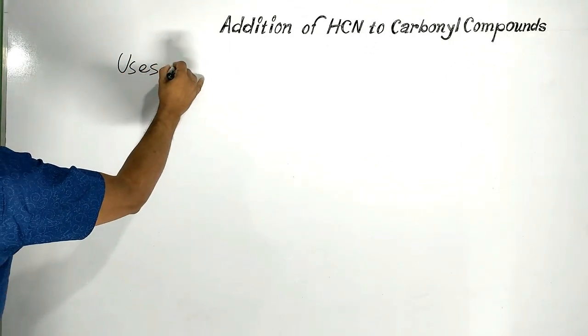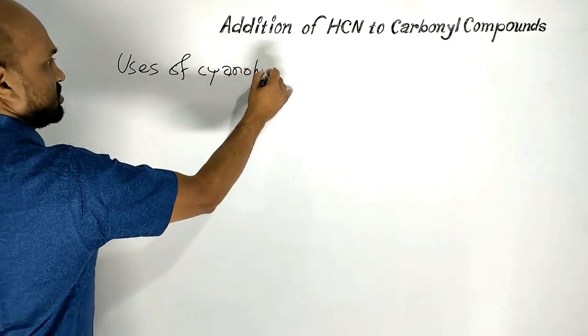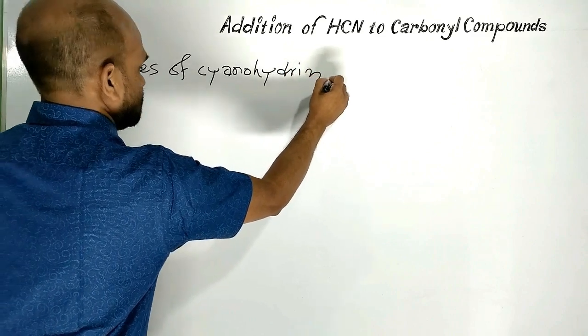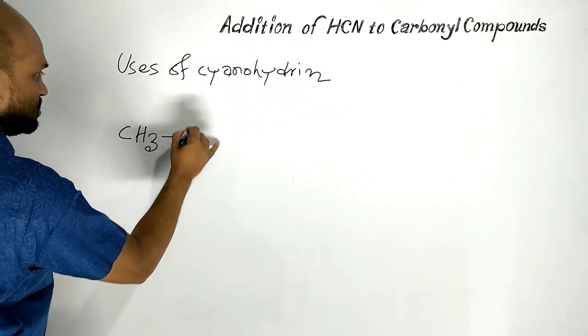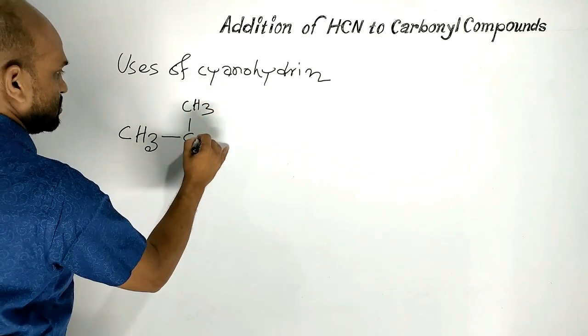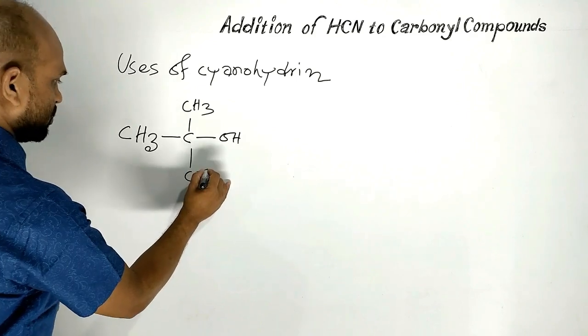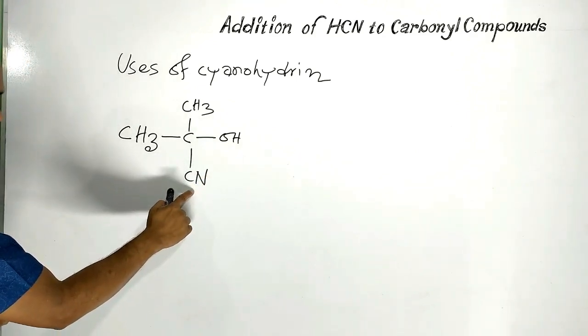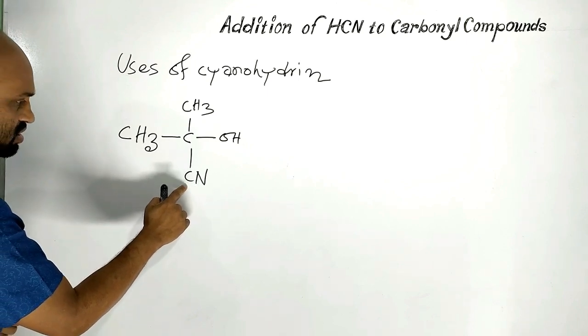Uses of cyanohydrin. Suppose this compound. In this compound, this group, cyano group or nitrile group, contains carbon.